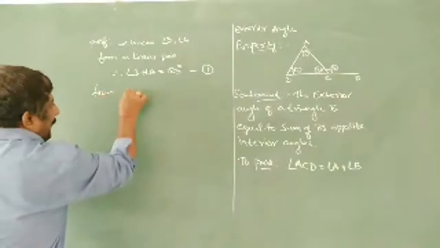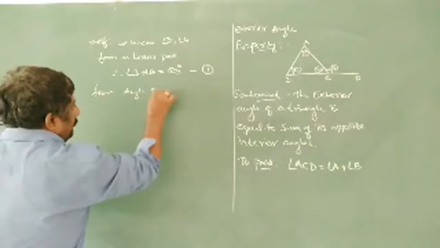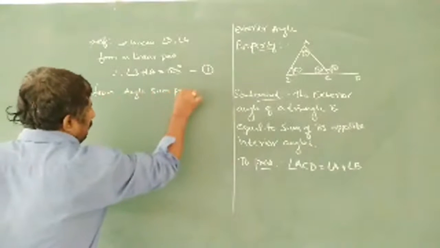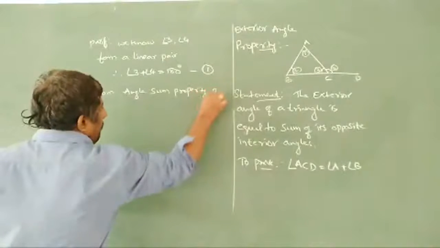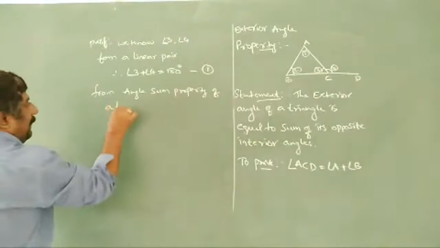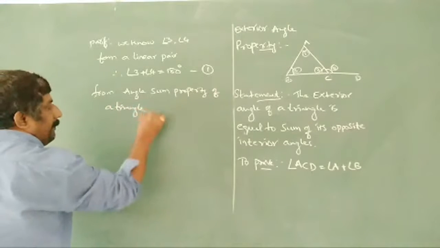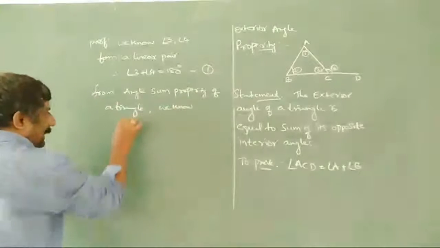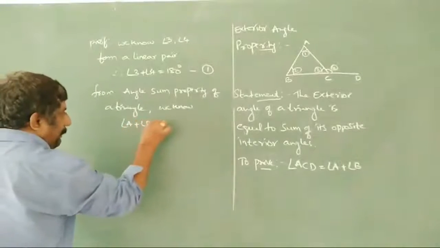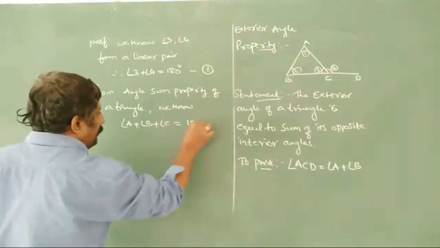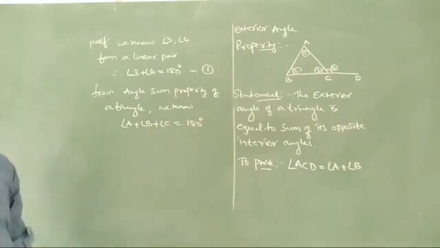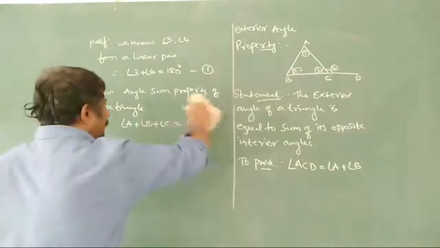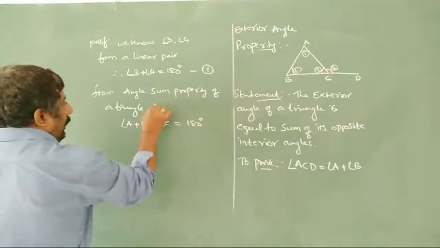From the angle sum property of a triangle, we know angle A plus angle B plus angle C is equal to 180 degrees. We will mention the triangle here, triangle ABC.